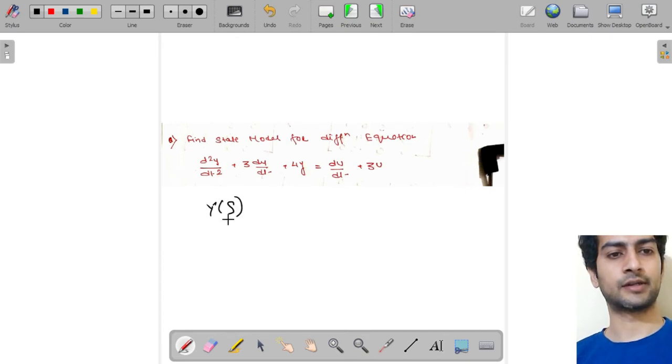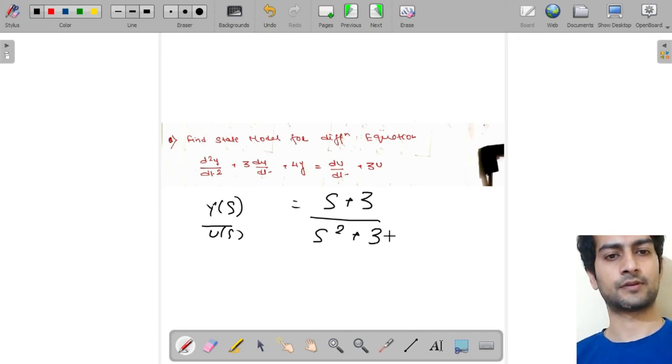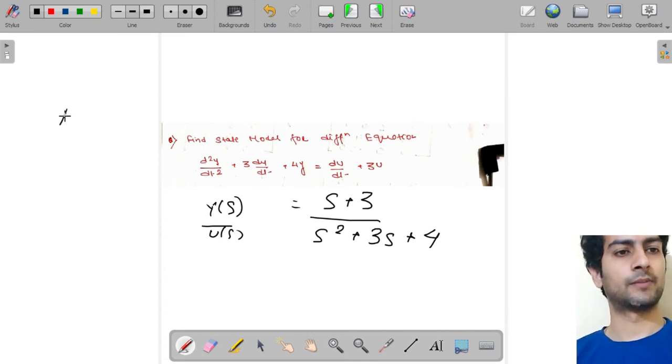So I will write directly here the transfer function: s plus 3 over s square plus 3s plus 4. Okay, so what will be my matrix A?